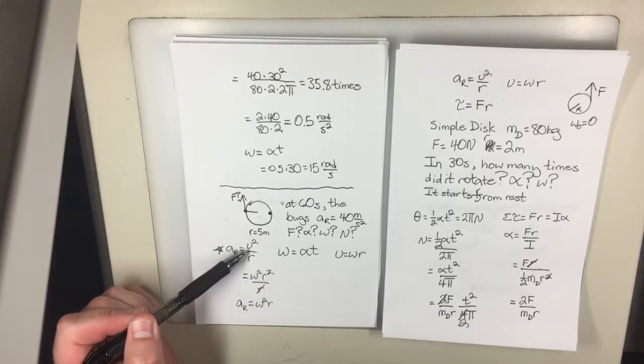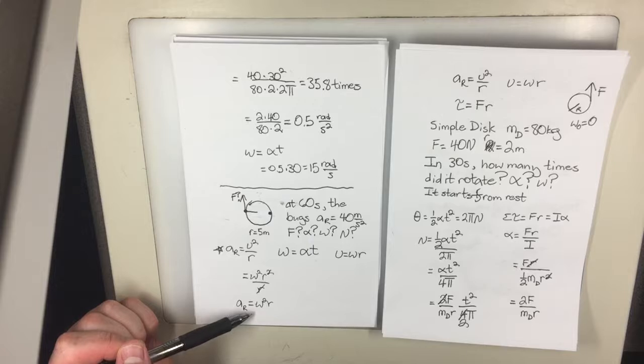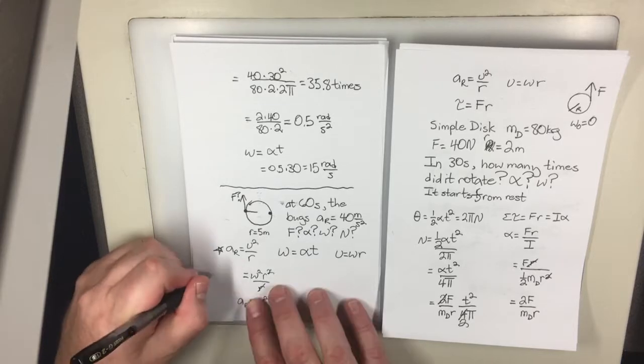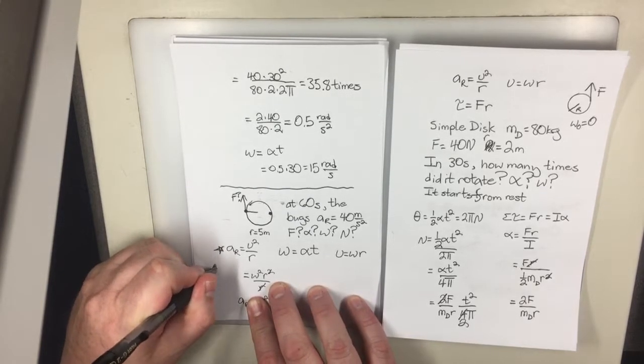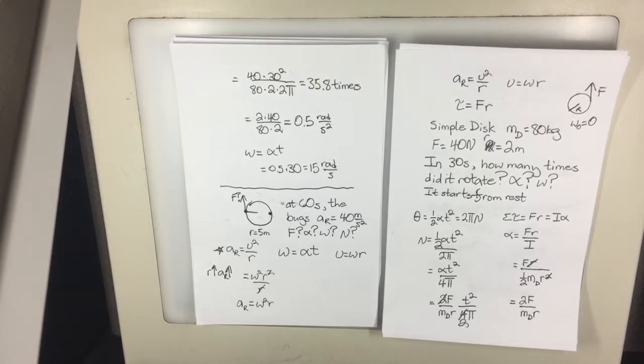So when you substitute V with omega R, you end up with omega squared R. And if you end up with omega squared R, then if R increases, then radial acceleration increases. And so that is a typical pothole that a lot of students just fall into during tests.